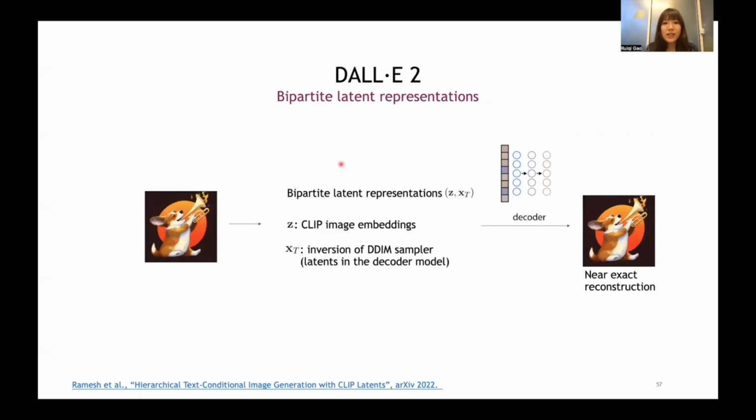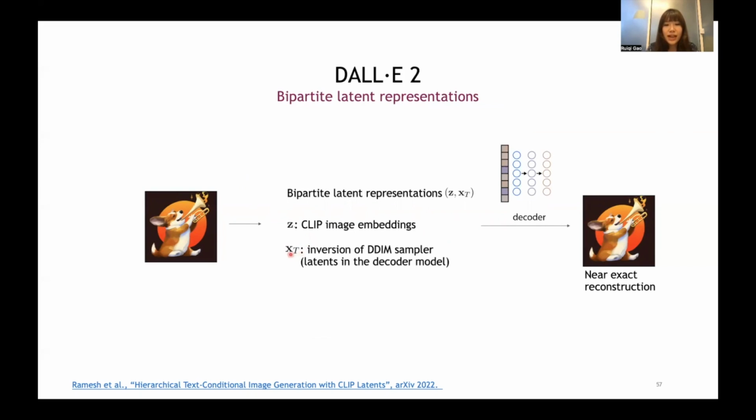And a little bit more detail about the bi-part latent representations. Given an input image, we can get the bi-part latent representations in the following sense. It contains two parts. First is this latent variable z, which is the clip image embedding, and it can be derived by running the clip image encoder.